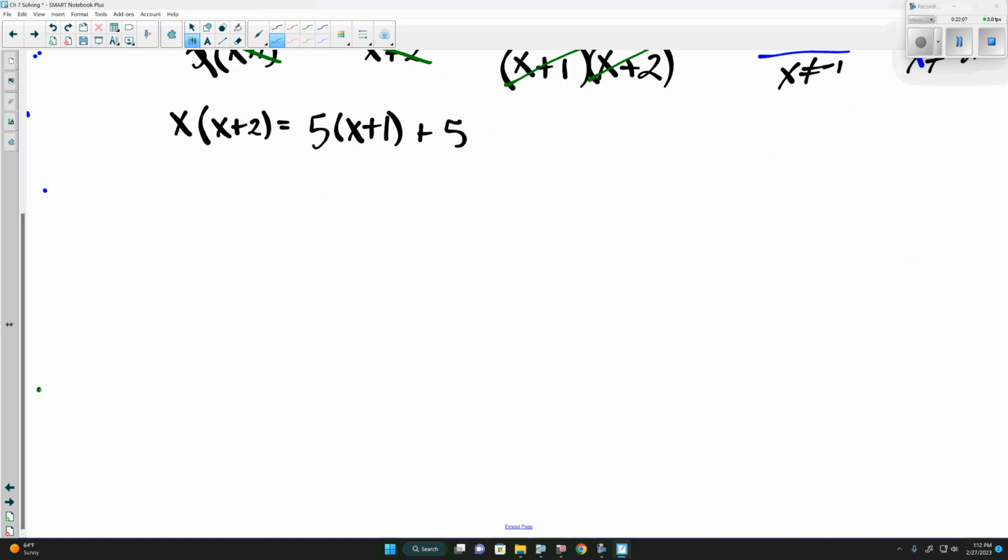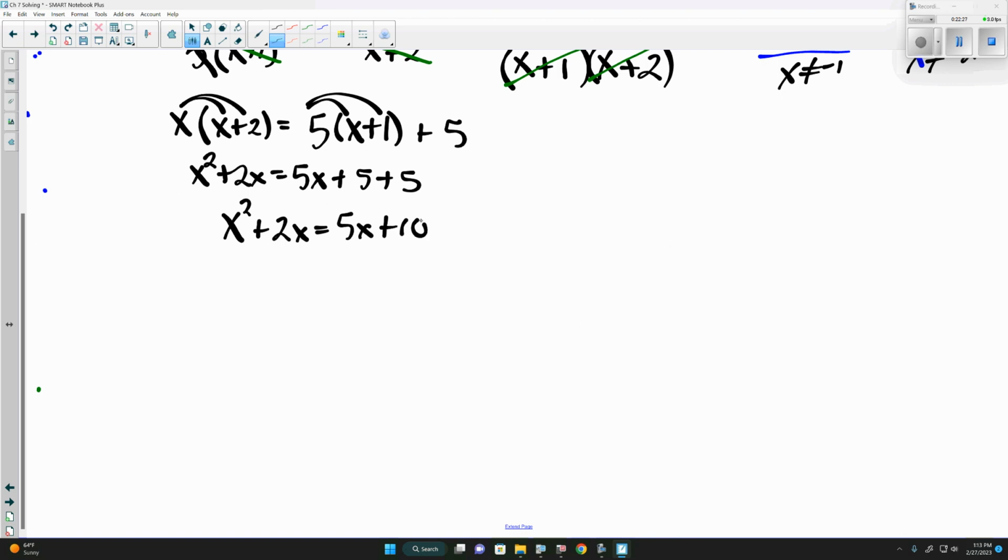Now at this point here, we can distribute. X times x is x squared. X times 2 is plus 2x. Five plus 5 is 10. Now we just need to get this equal to 0.